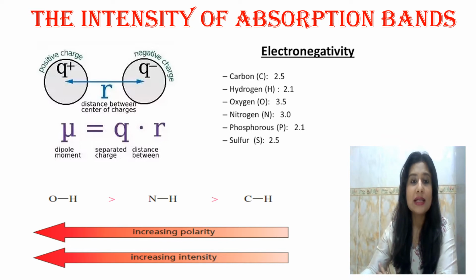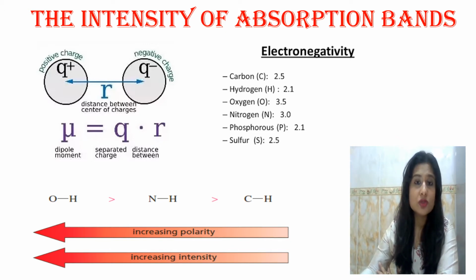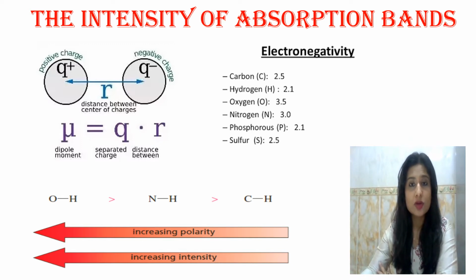So obviously the change in the dipole moment when the OH bond vibrates is more compared to when the NH bond vibrates. Since the polarity of these bonds decreases in the order OH, NH and CH, the intensity of absorption of the OH bond is more than that of NH, and the intensity of absorption band of the CH bond is least because it is the least polar.